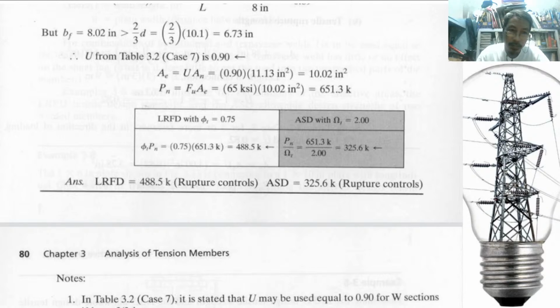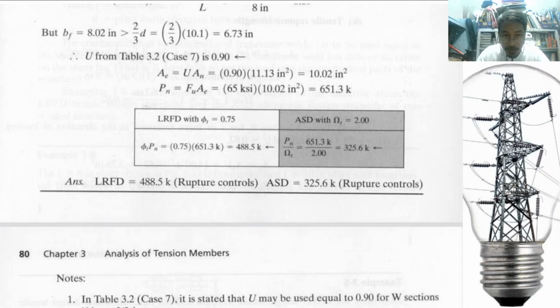So the answer is 512, correct to 3 significant figures. Any question? Do you follow? So 512 is the correct answer up to 3 significant figures.